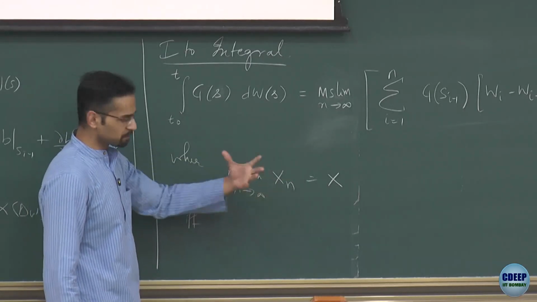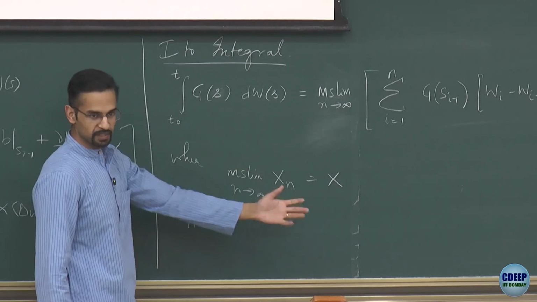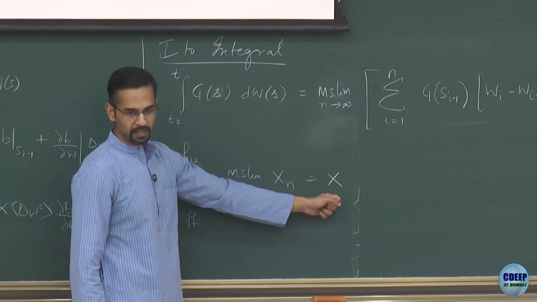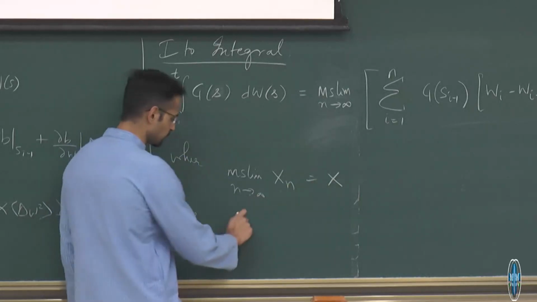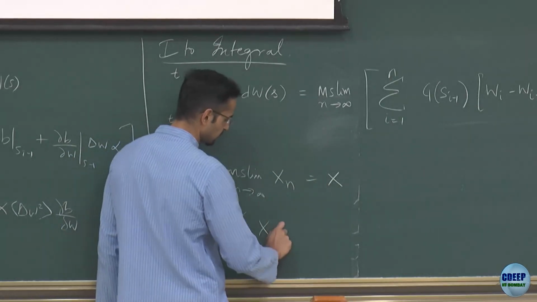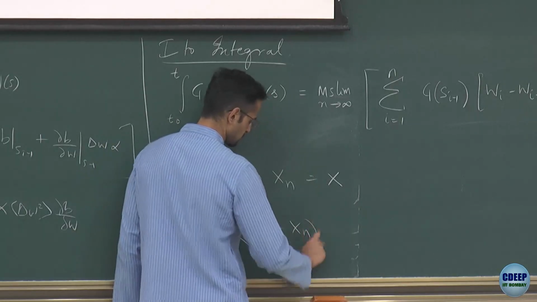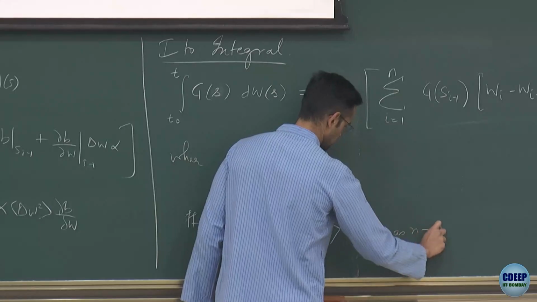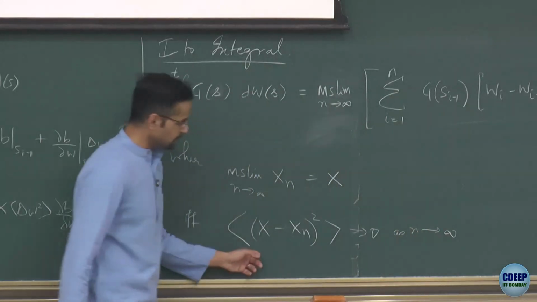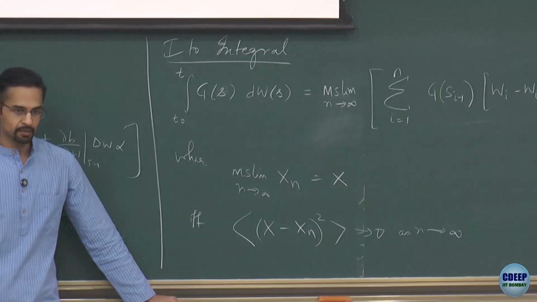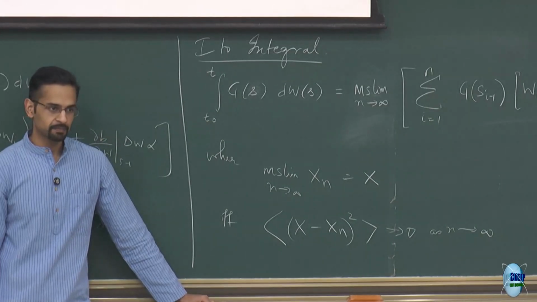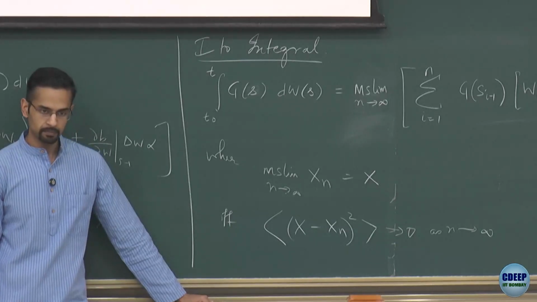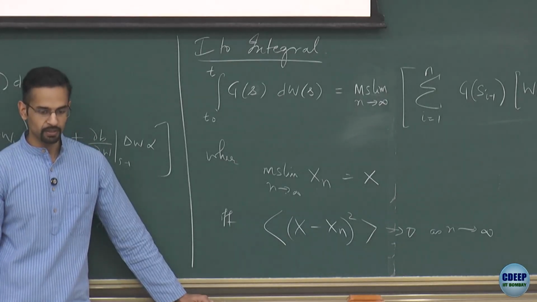If I have some object X_n which exists for any n, and as I take n tend to infinity, its mean square limit is X, provided the following is true, that the error, the variance of the errors, go to 0.